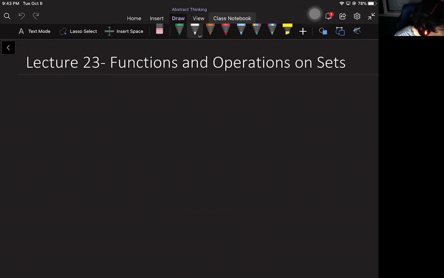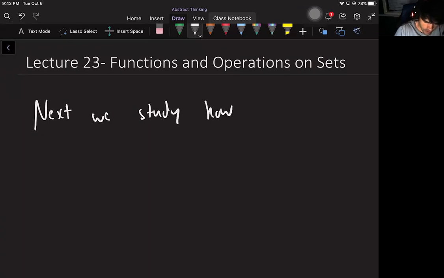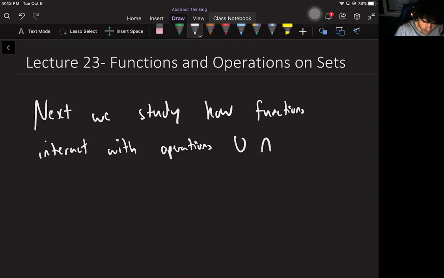So anyway, next, let me explain what this is all about. The idea is we learned a bunch of stuff. Now we want to see how they interact with each other. So we want to study how functions interact with operations that we've learned, like union and intersection.